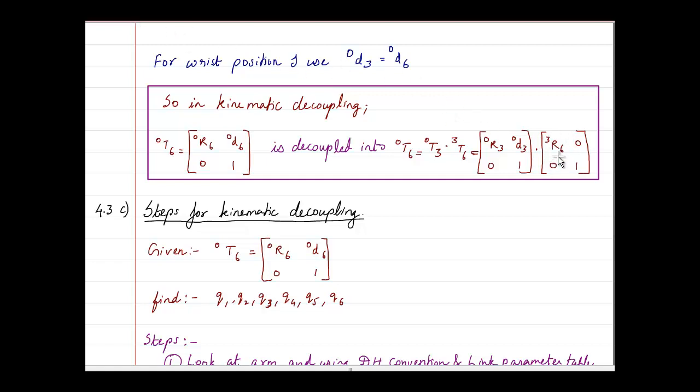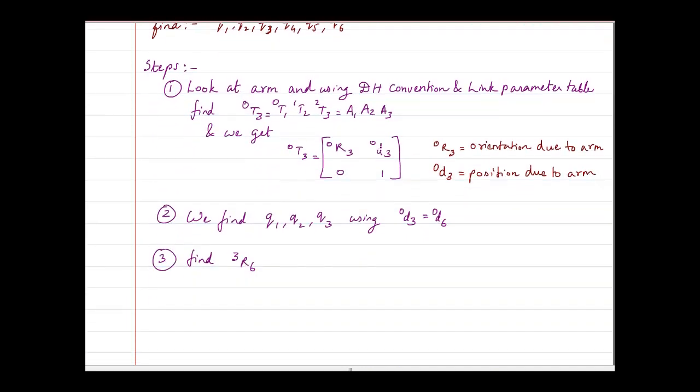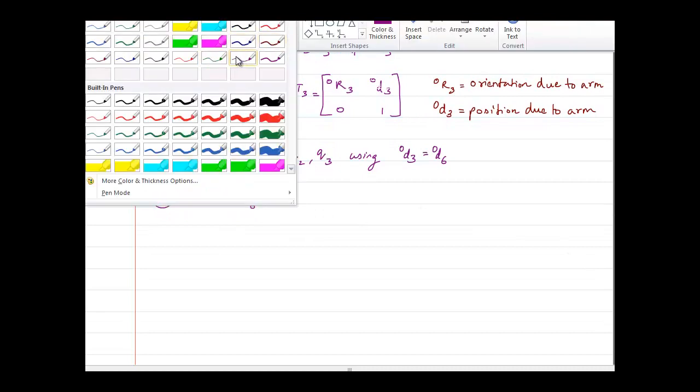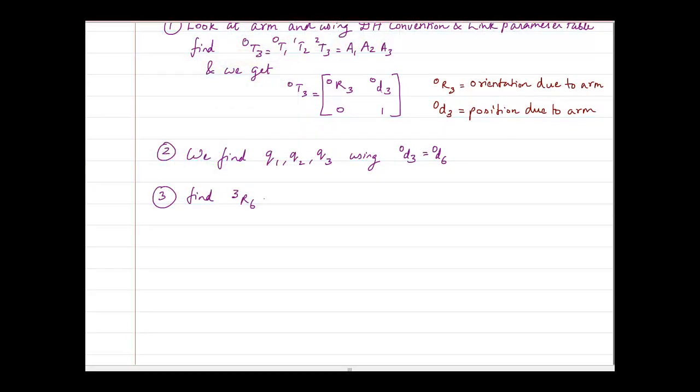So how do we find that out? Once we find that out, we get the orientation part out of it. We find this by using the simple equation that we have just previously discussed, using 0R3 that we just now found out in step 1, the transpose of that multiplied with 0R6.